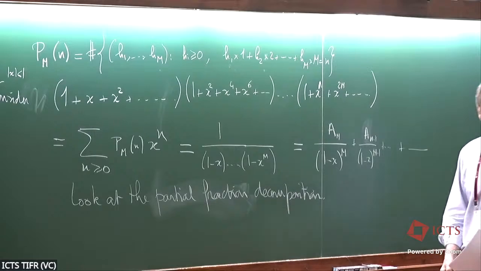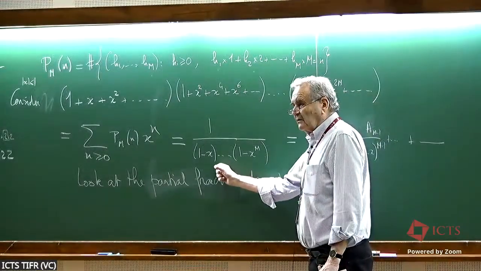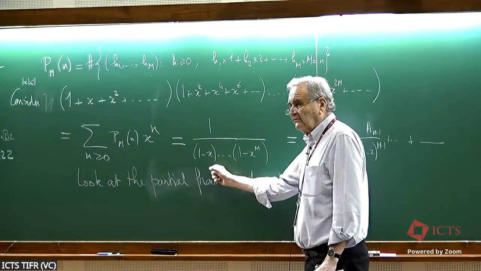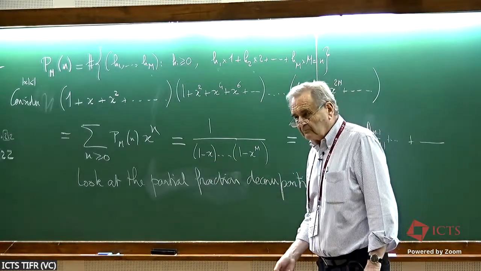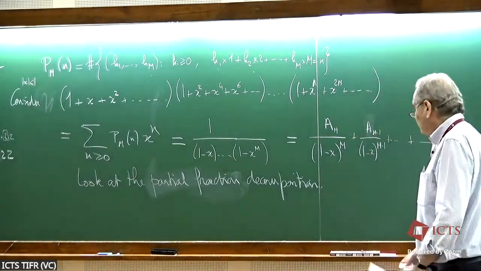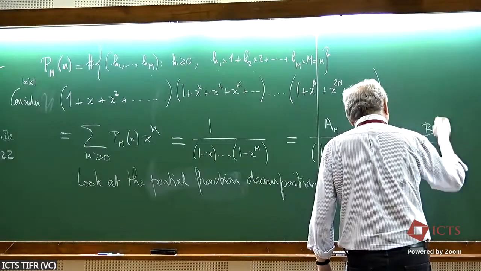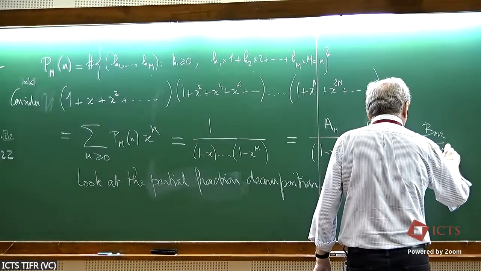And then what will be the next? The next that will occur at least half of the time is the root minus 1. That is to say, you will have 1 plus x, and 1 plus x you have essentially m over 2 times, the integral part of m over 2 times. And then you will have b, m over 2. Let me write m over 2, don't care about that. 1 plus x to the m over 2.